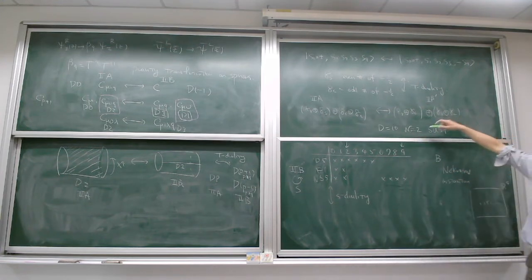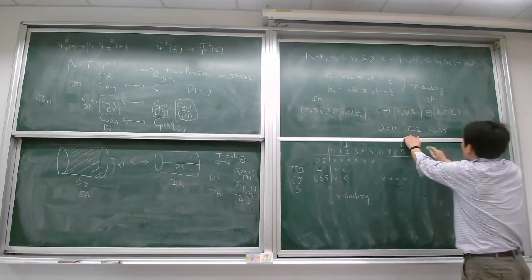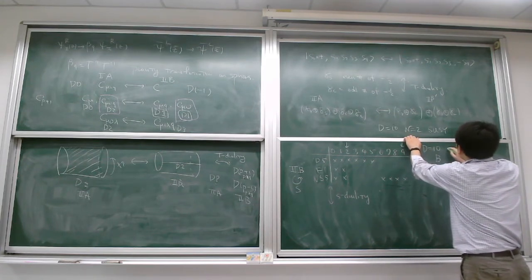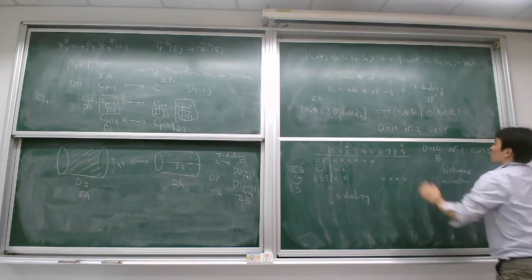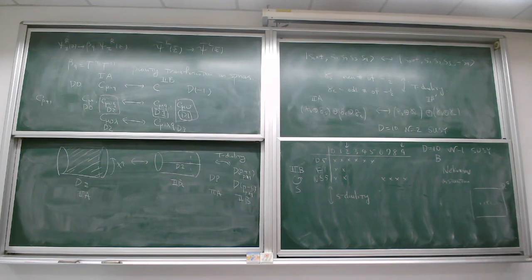And we are now considering D equal to 10, N equal to 1 supersymmetry. Going from 2 to 1, the number of supersymmetries is reduced. It has 32 supercharges here, but now it becomes 16 supercharges. So that's the difference between N equal to 2 and N equal to 1.